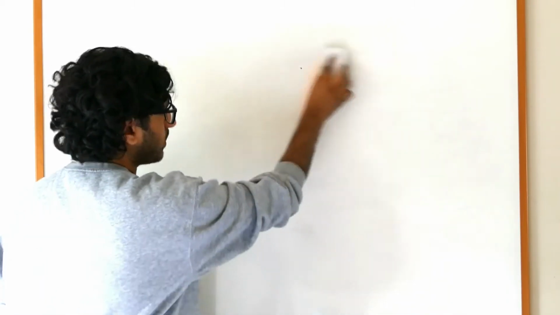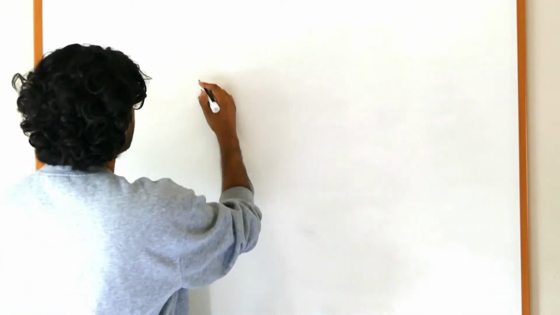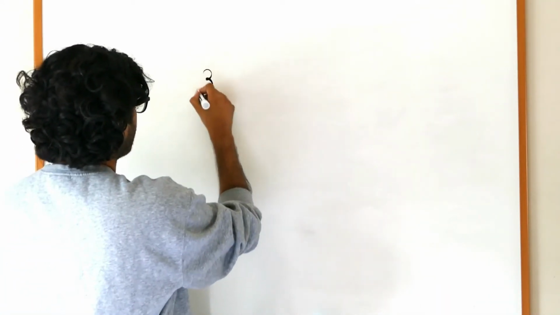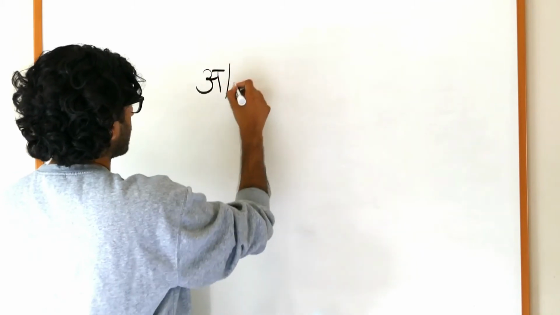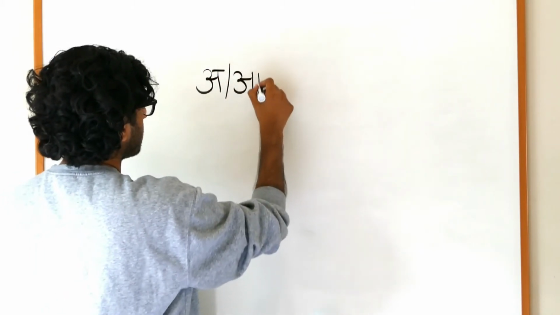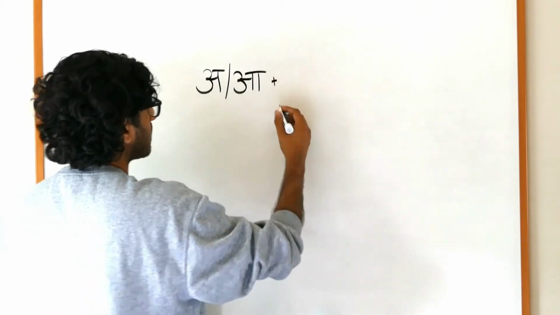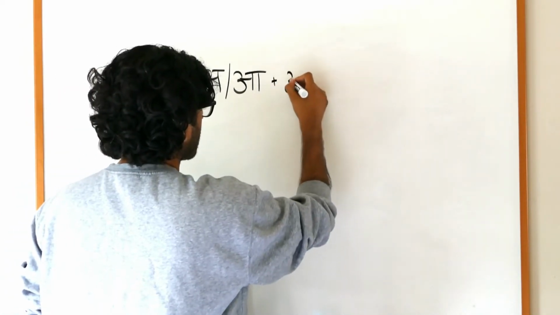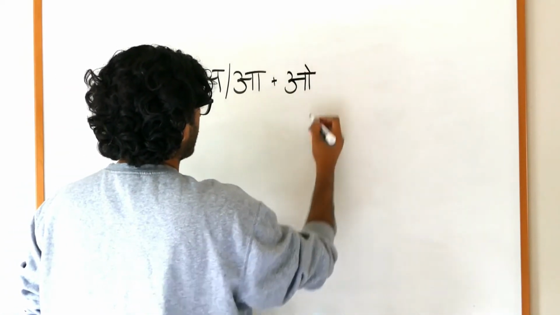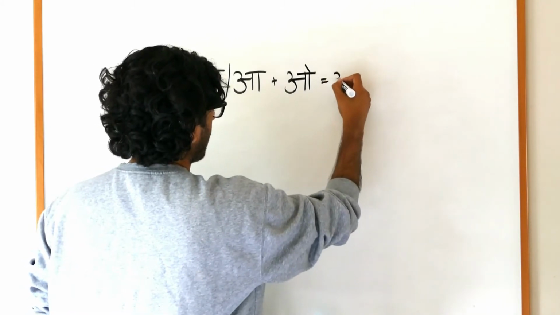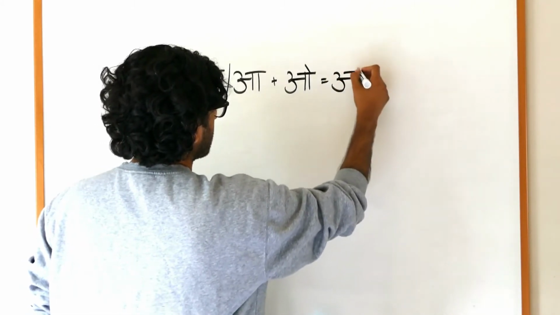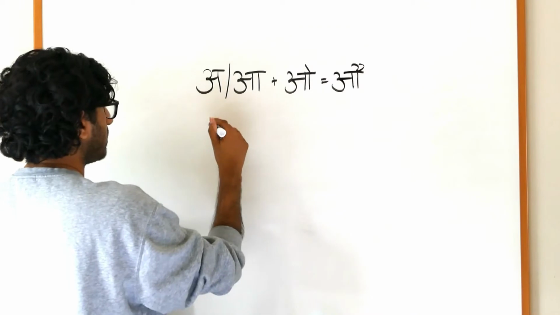Now the next rule. Now we have O. How do we form the vowel O? A or ā plus O equals O. Simple.